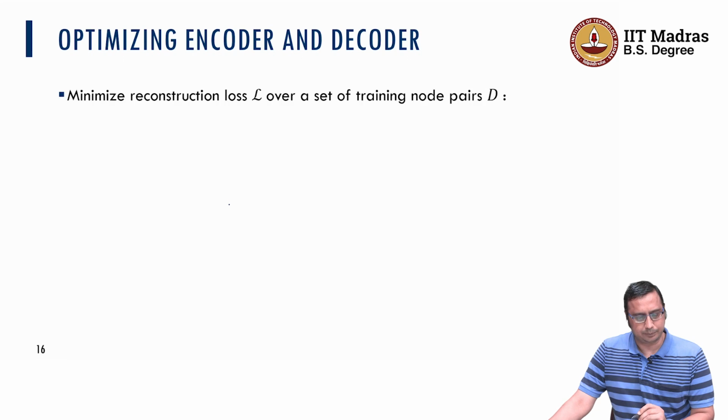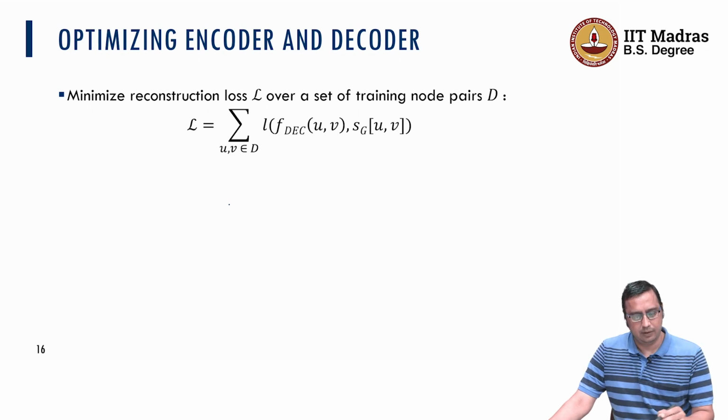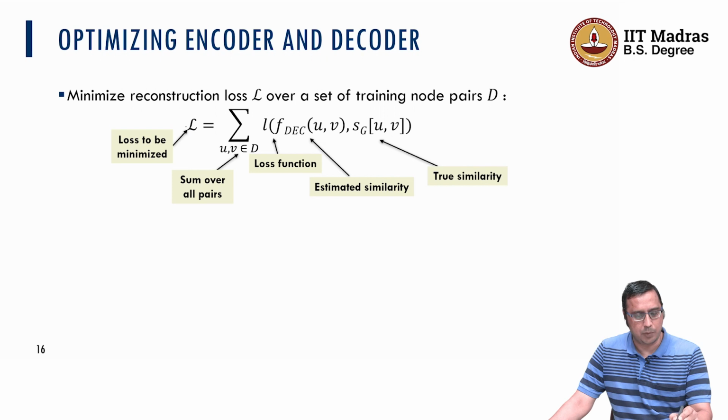So let me look at it. What we are interested in is minimizing the reconstruction loss L over a set of training node pairs D. Here the loss to be minimized is L, which is defined like this. It is a sum over all the node pairs U, V, so I have to look at all the pairs.